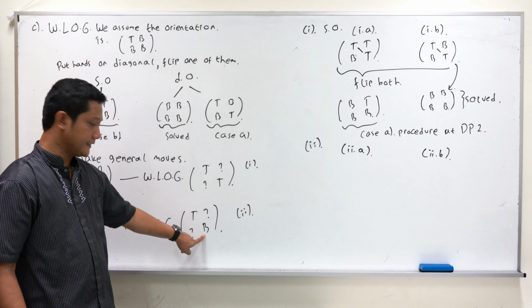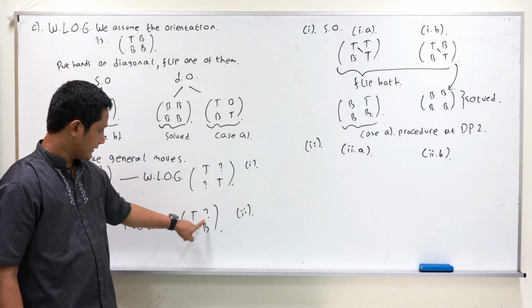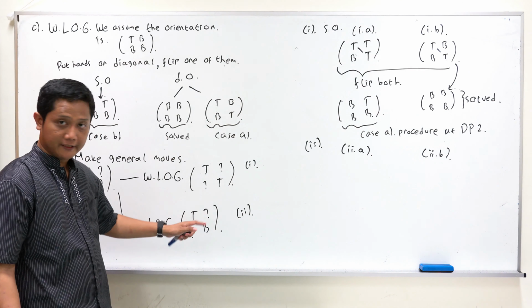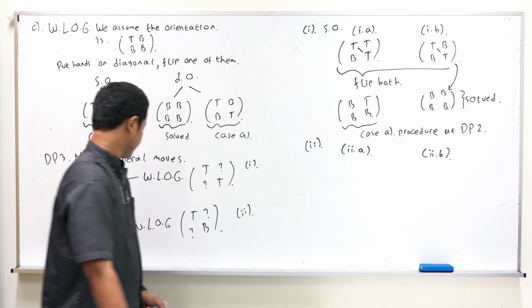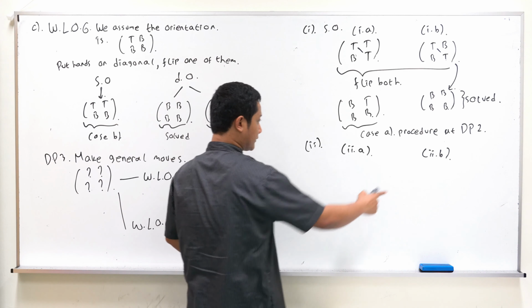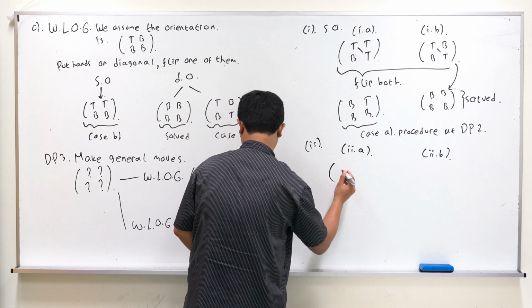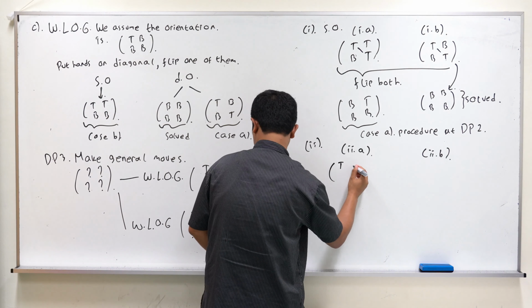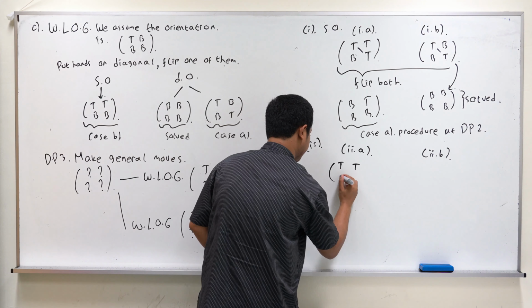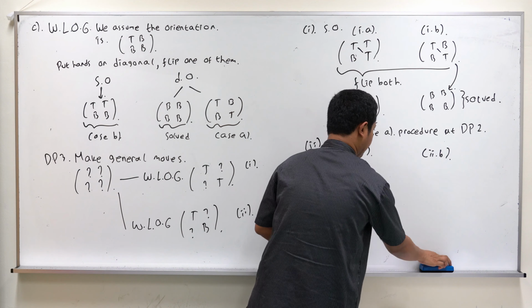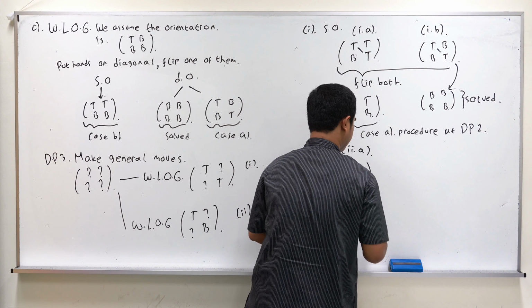Okay, so already different. Can be T, can be B. I don't know. Can be both B, can be both T. So not only 2, but can be more. For example, first is TT, TB. Okay, so I have 4 possibilities, not only 2.